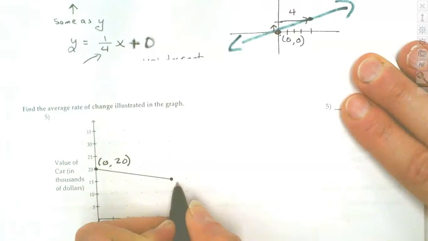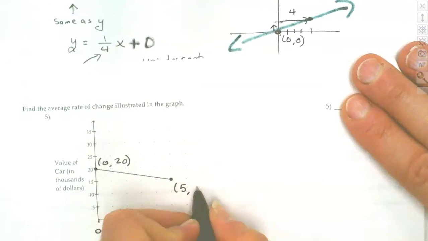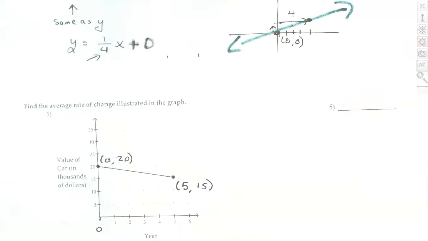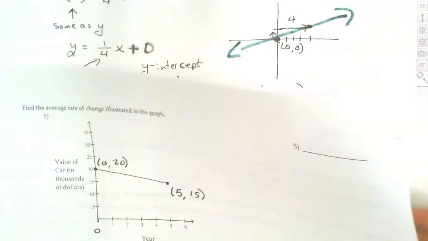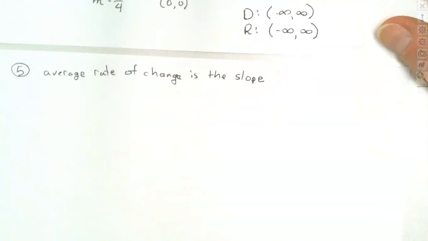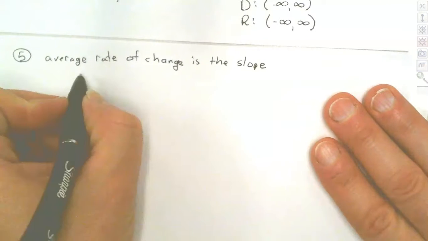Then 5 years later, the value of the car is only what? Is only $15,000. So there's our two ordered pairs. You see how I got those in the picture? Okay, and we know our average rate of change should be negative because these values are decreasing. The car is always losing money. And so we've got our ordered pairs.